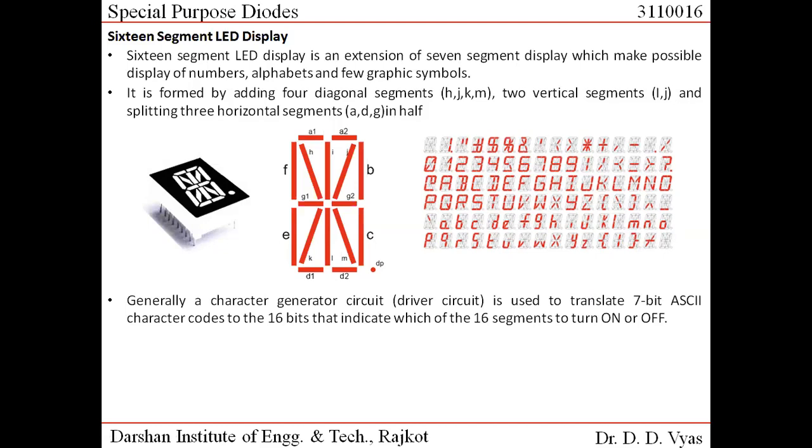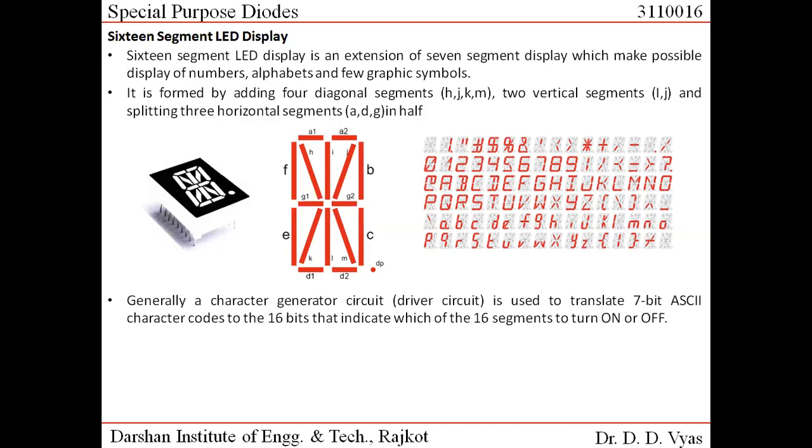We can understand that this device basically requires you to give signals to 16 pins because each LED has to be individually turned on and off. This becomes relatively complex. However, in the market we have dedicated character generator circuits which are used for 16-segment displays.